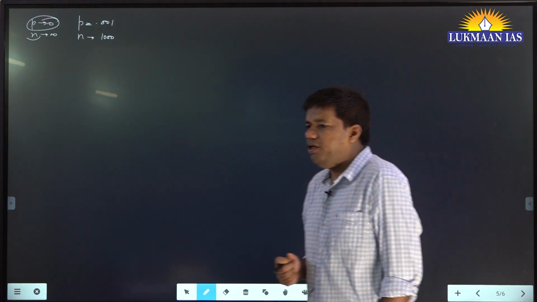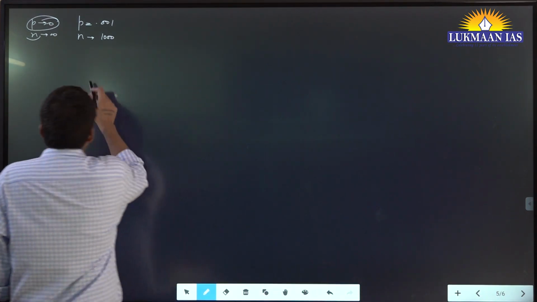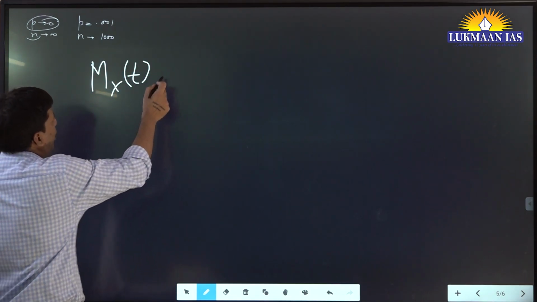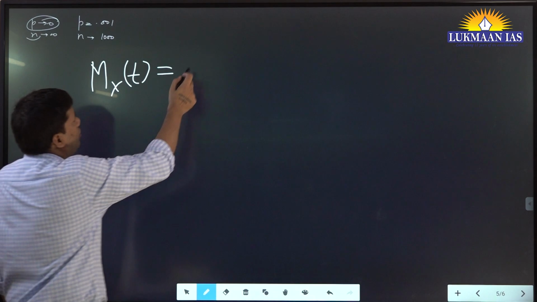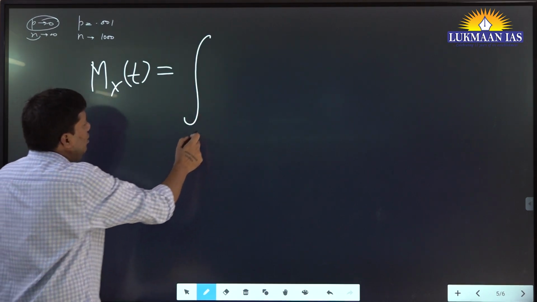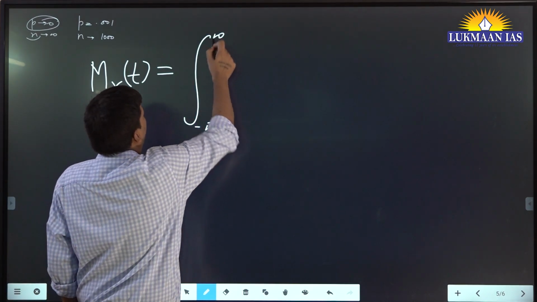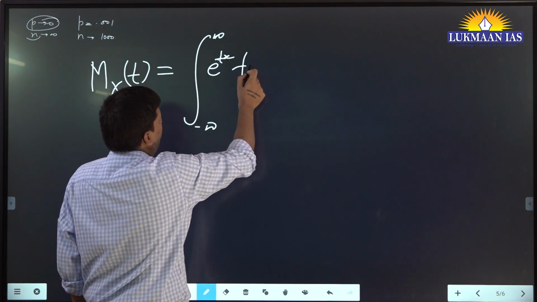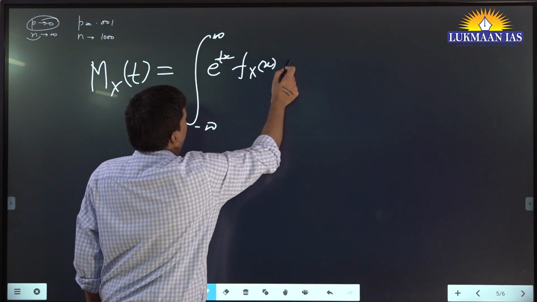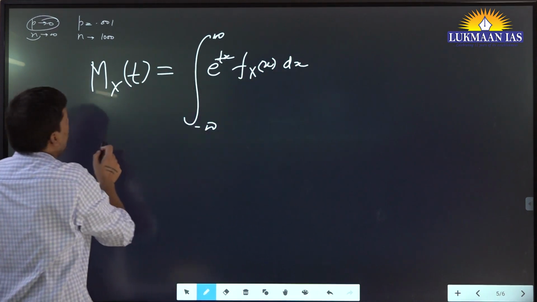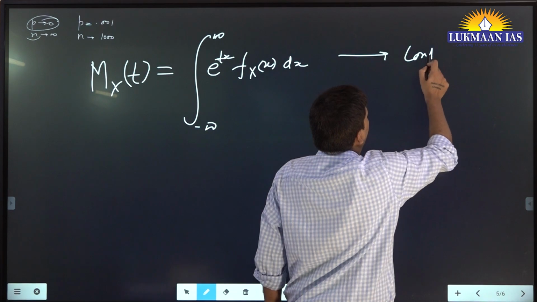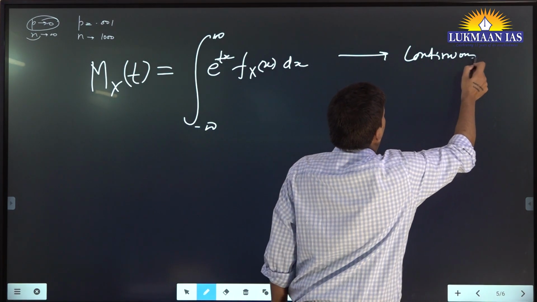Let's say you got a function, and how do you define that? Mx(t), and let's say it's a continuous case. Then it is the integral of e^(tx) times the PDF. This is the case of continuous.